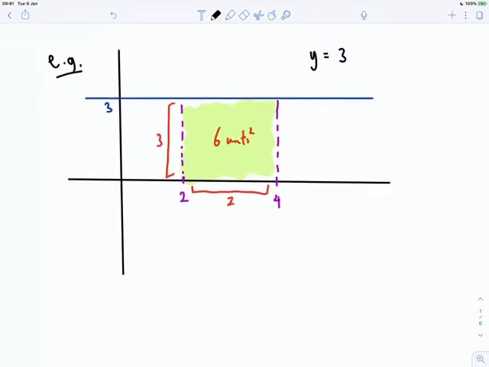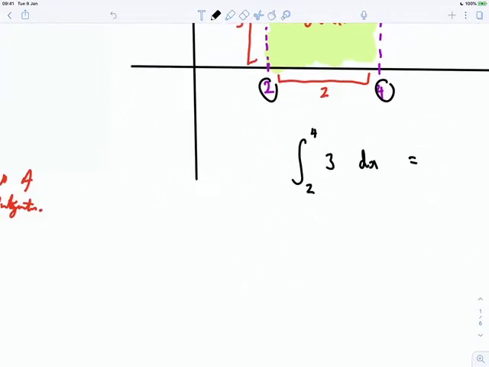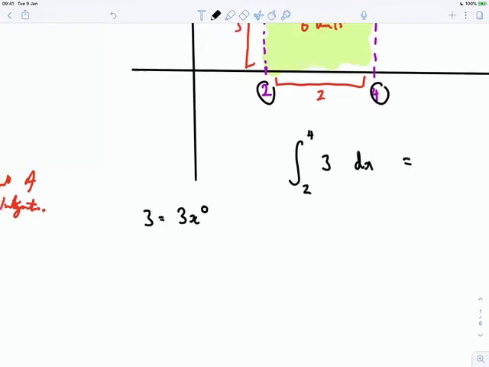That means we're going to have to integrate between our two limits, so the upper limit first, which is 4, and the lower limit 2, because these are our x equals limits. And then our function is 3, and then it's dx. Now for the record, 3 equals 3 lots of x to the 0.